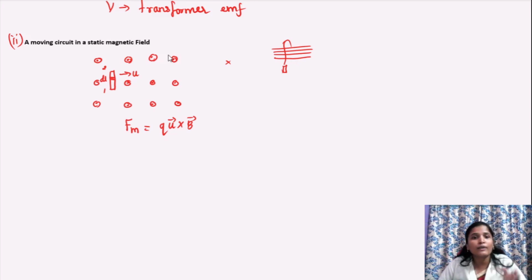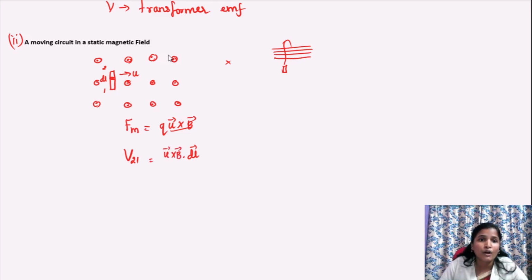Okay, so when it is cutting the magnetic flux lines, as we have studied in Faraday's first law, what happens? Some EMF will be induced. That EMF is denoted by the symbol V21, where this is the total length of the conductor. So we will assume some differential length. Along this differential length, the velocity acts on the magnetic field, that is u cross b vector.